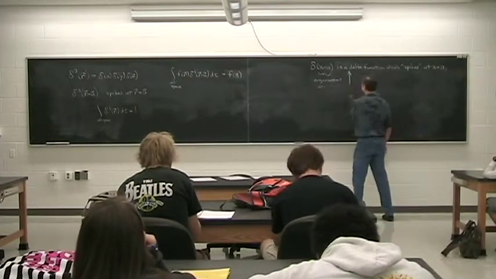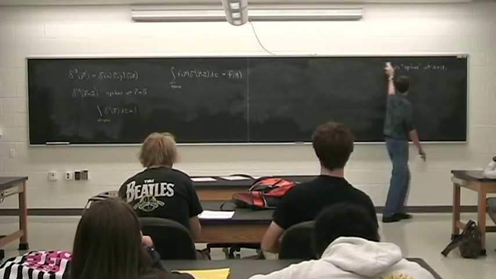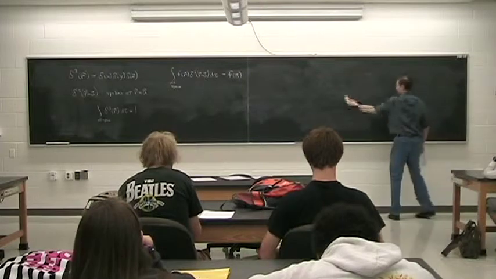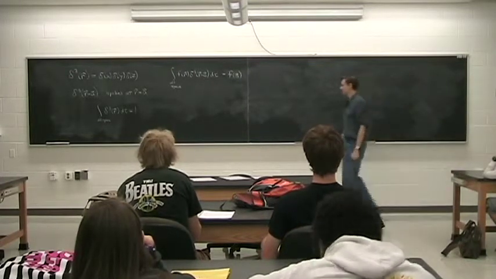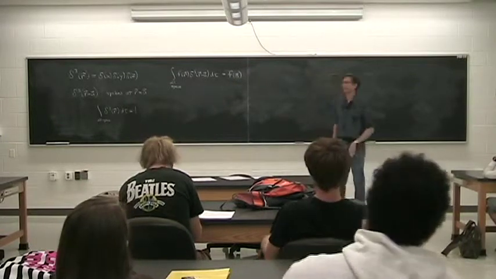And so this lets us say that if we have a point charge, we can be more specific than to just say that its density is infinite at the location of the charge.